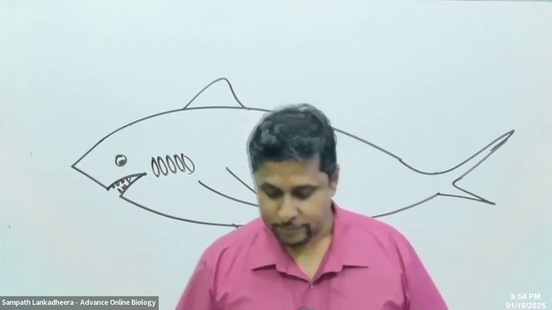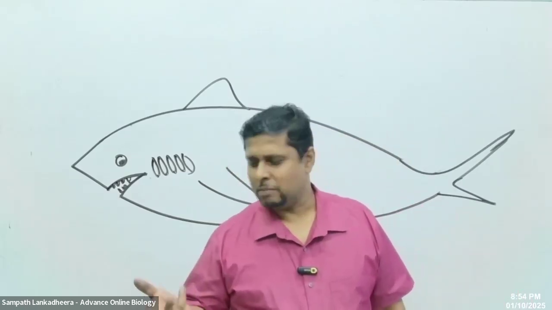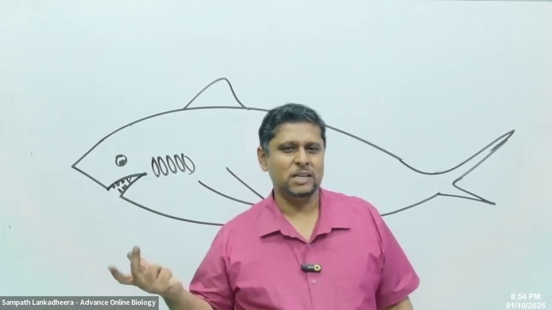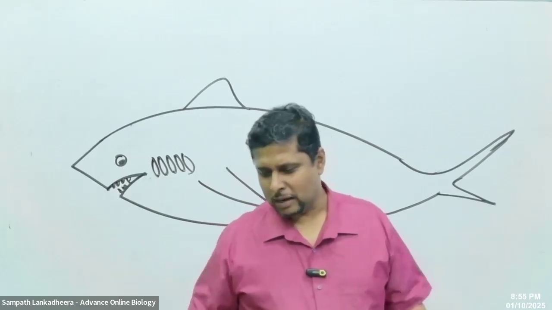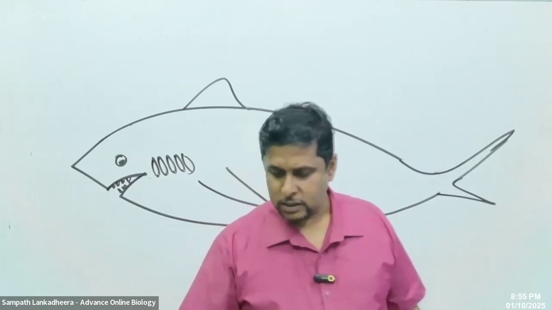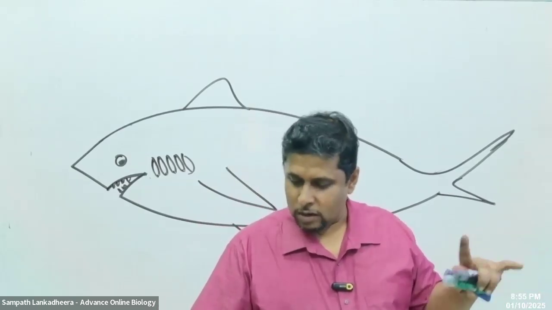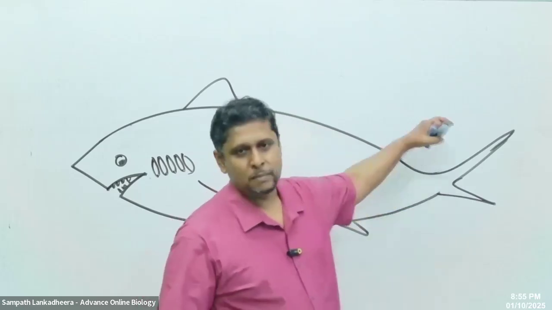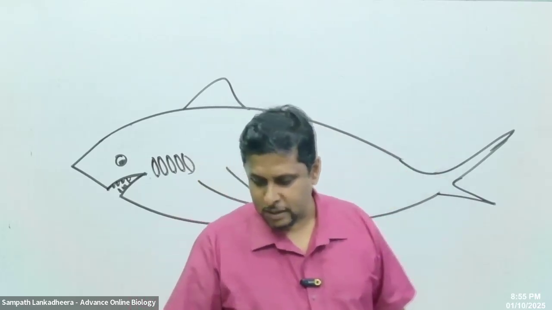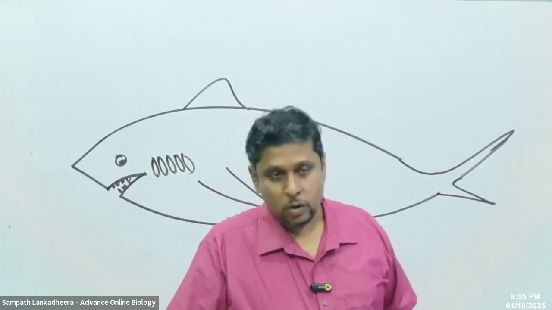All are aquatic, ectothermic. The warm-blooded condition is present among the aves and mammals. All others are ectothermic, cold-blooded. And then the skeleton is composed predominantly of cartilage, with fins for locomotion and balancing. And then the caudal fin is heterocercal. That means these two lobes are not the same in size. And gills for respiration, no operculum.